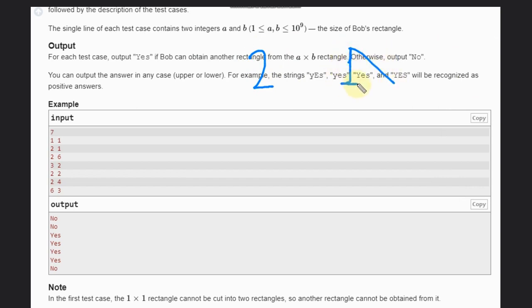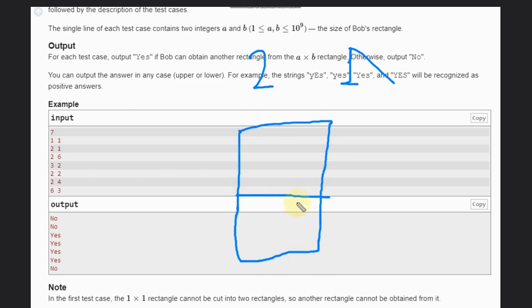We can have this side 2 and this side 1, so this will be 1 cross 1 and this will be 1 cross 1. But can we do that? We can rotate and stack, and 2 cross 1 can be 1 cross 2. That's it. We can't do anything else.